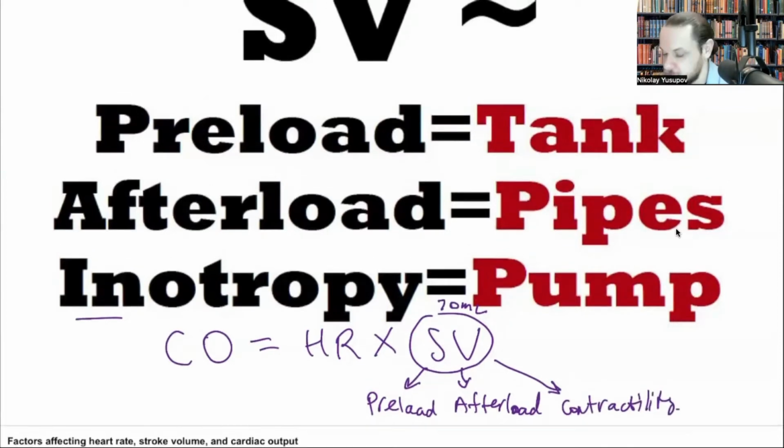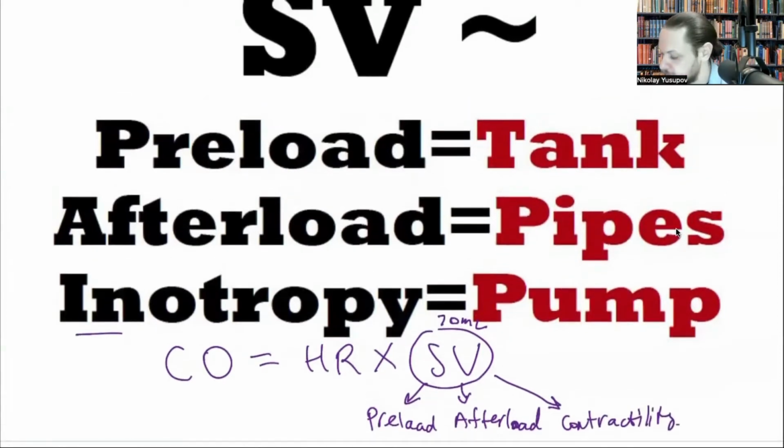Here you could see what dictates the heart rate could be your sympathetic and parasympathetic system. Sympathetic increases, parasympathetic decreases. But what determines your stroke volume, the 70 ml, is preload, how much of it is coming in; the afterload, or systemic vascular resistance; and how much your heart contracts.